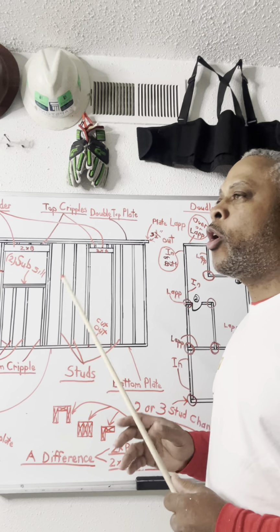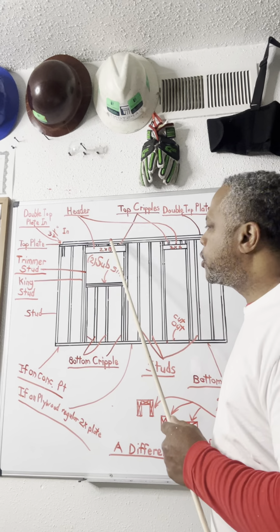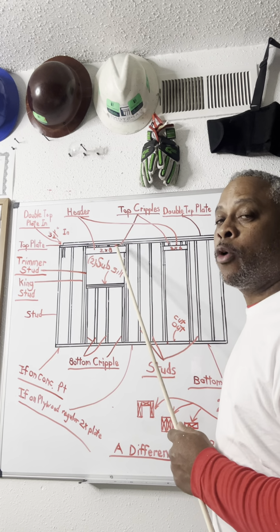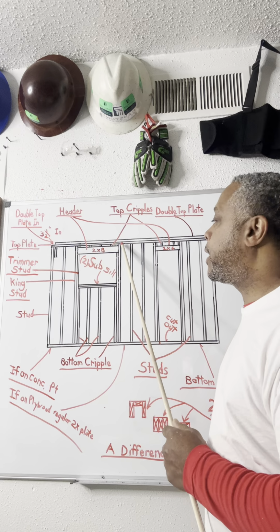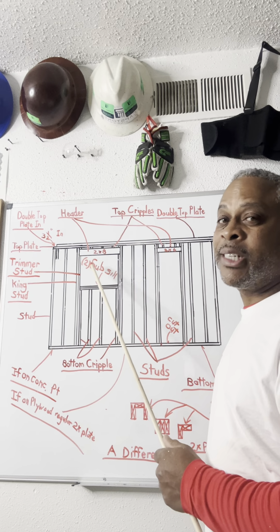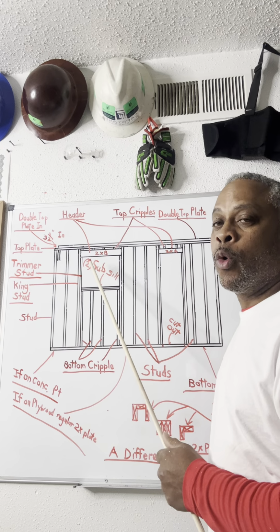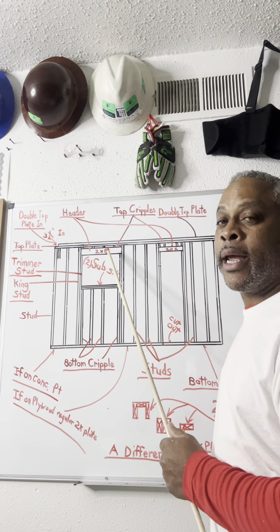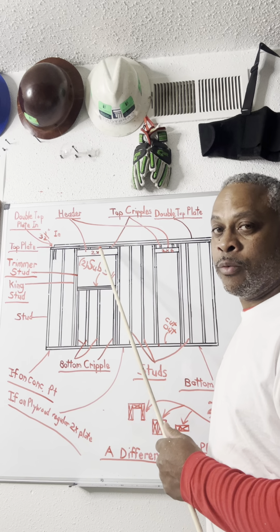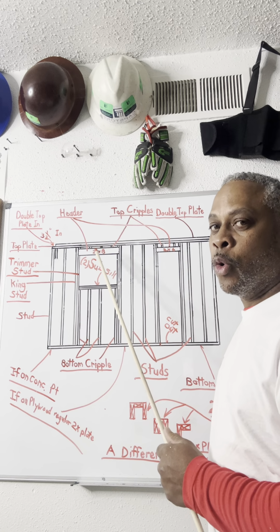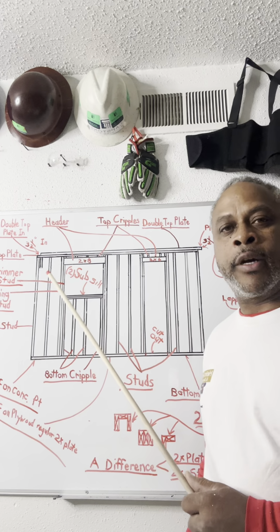When there is a 4x10 or 4x12 header, usually up above, especially a 4x12, that top plate is going to be cut out completely because it's 11.5 inches. And most of the time, you're not going to have room for an 11.5-inch header in an 8-foot wall, 9-foot wall. You're not.